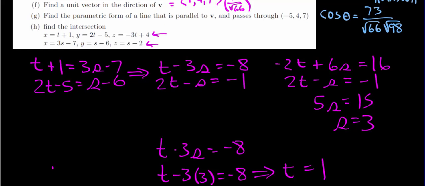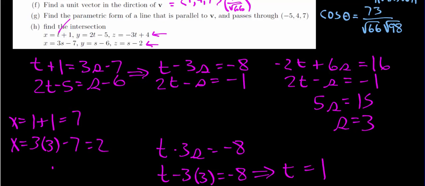Now, notice if I put those in here, if I put a 1 in for t, I've got x is equal to 1 plus 1, and down here I've got x is equal to 3 times 3 minus 7. Both of those equal 2.